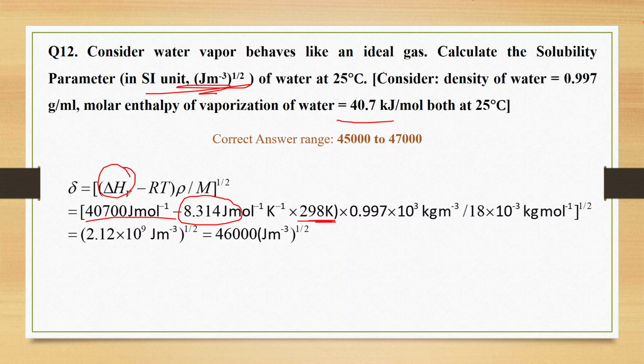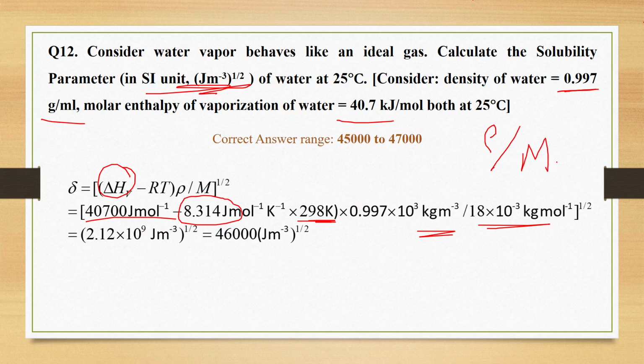Fine. Next, as I have said, you need to get the rho value in kg per meter cube. The value 0.997 that is given here is in gram per ml or gram per cc, but you need to convert it into SI unit to get kg per meter cube. So you just need to multiply it by 10 to the power 3. Again, it was rho by M, right, for H2O.